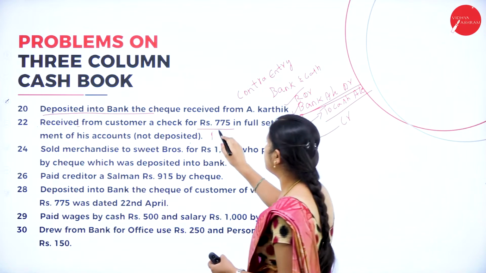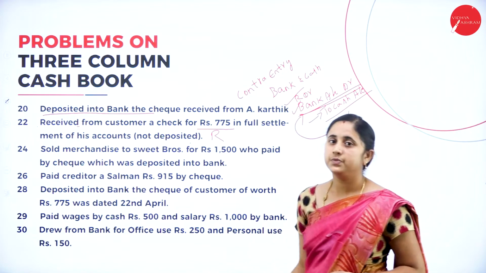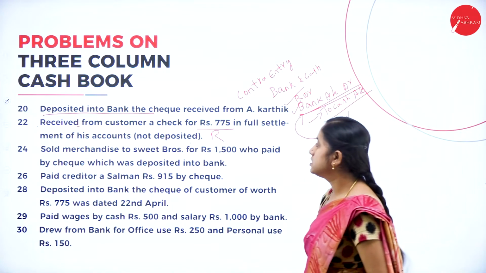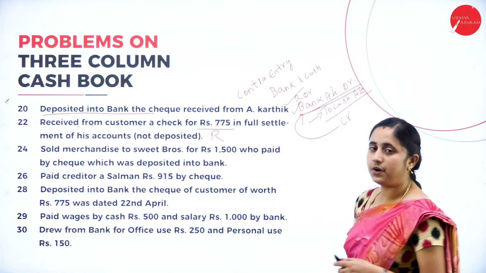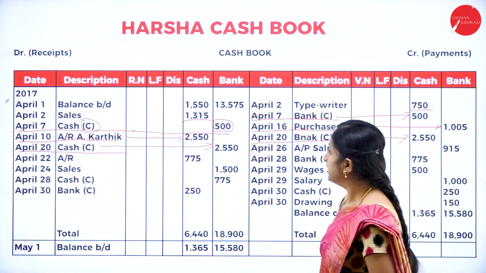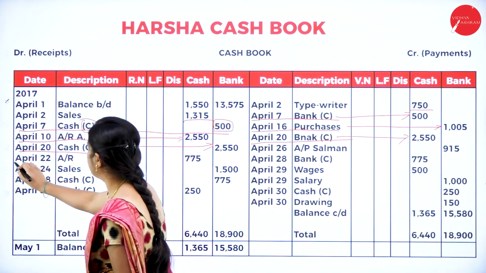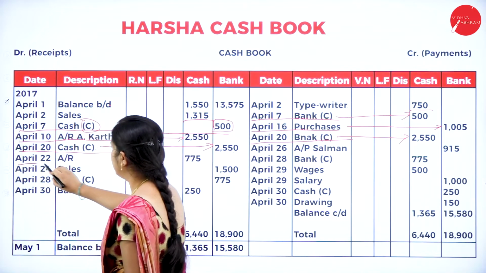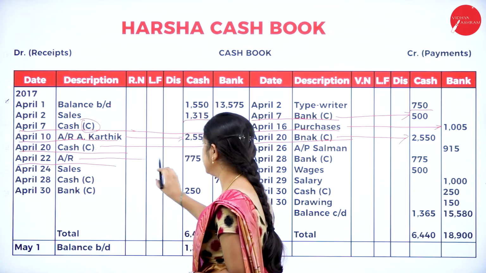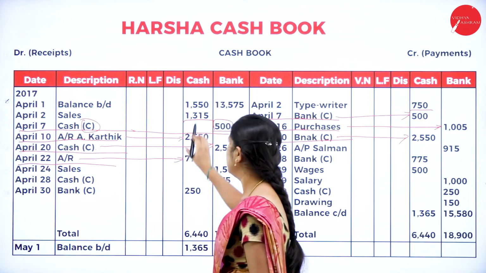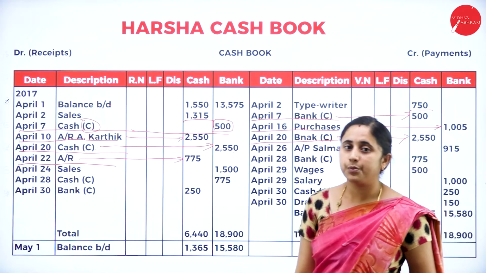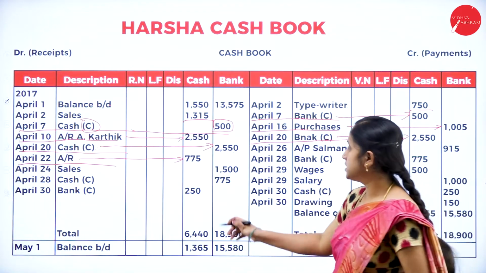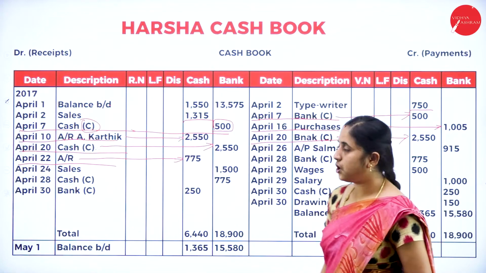This is a receipt, so write on the debit or receipt side, accounts receivable or customer, rupees 775 in the cash column. Since it is a check received but not deposited, it is considered cash received, so write it in the cash column.